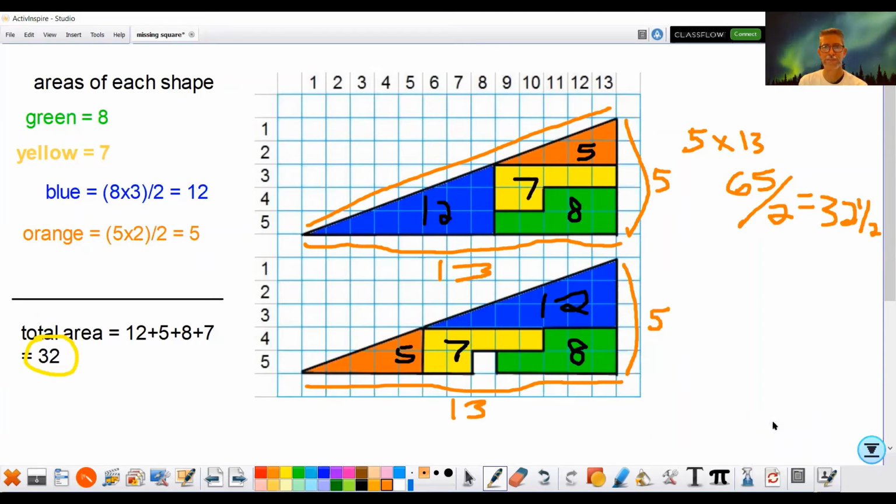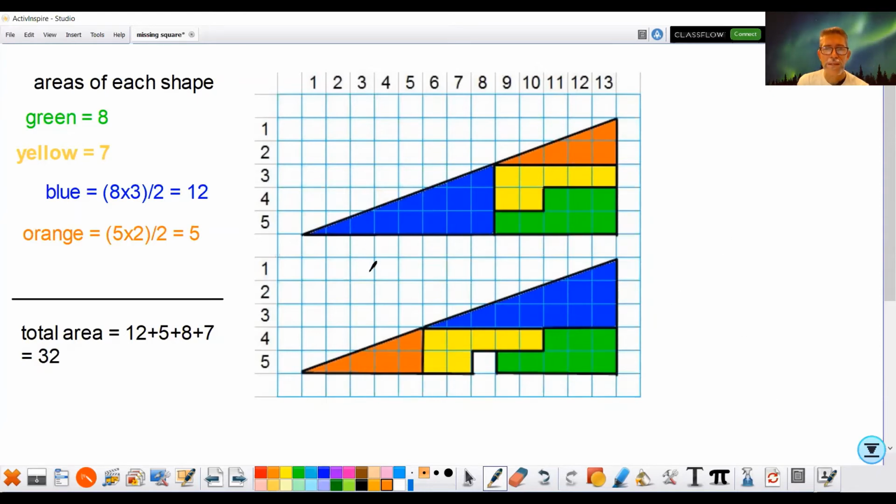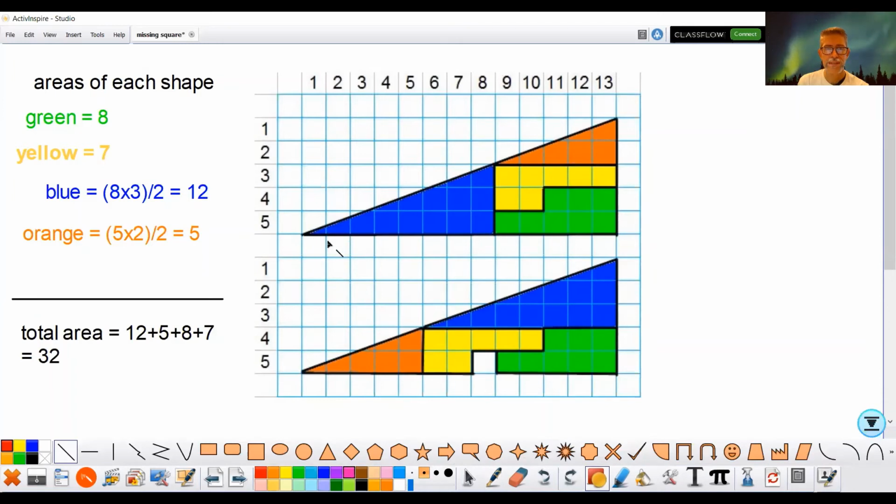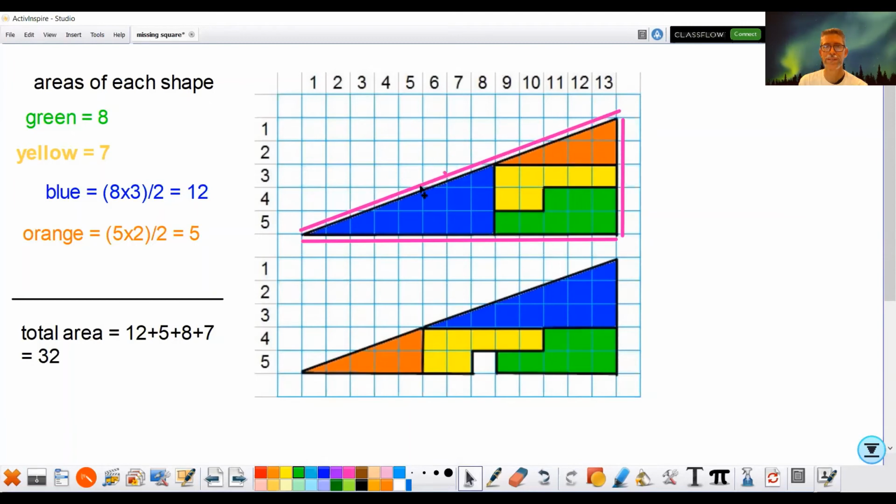Here's why. A triangle consists of 3 sides. There's a side here, and a side here, and a side here. All 3 of these sides are straight lines. However, this side up here is not a straight line.